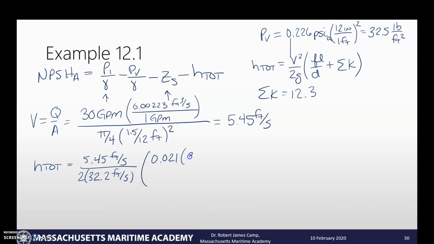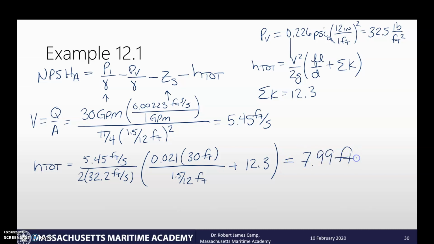L, we have 30 feet of pipe, because we're looking at the amount of pipe from the start to the finish, divided by our diameter. Once again, 1.5 divided by 12 to put it into feet. Add the sum of the minor K's, 12.3. We add all that together, and we have a total head loss of 7.99 feet.